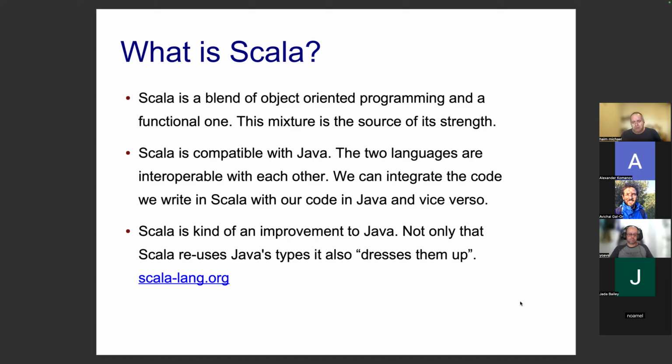Now, when you compare Scala to Java, Scala is kind of an improvement to Java. Its toolbox includes many possibilities you won't find in Java. In a way, you can think about Scala as an attempt to catch up with C Sharp. The work on Scala started when C Sharp emerged. In the beginning, C Sharp and Java were very similar. At some point, C Sharp started to move forward very fast, and a gap between Java and C Sharp was created.